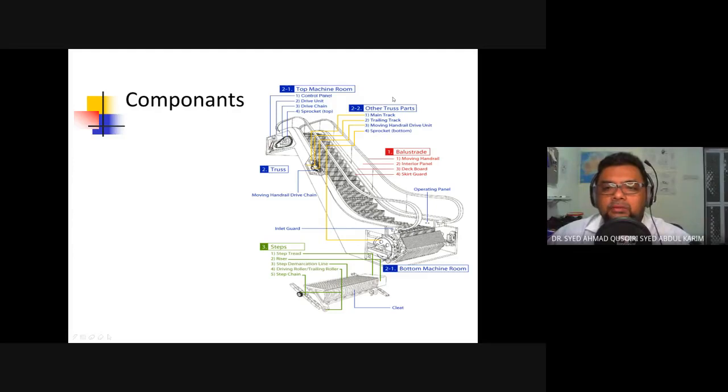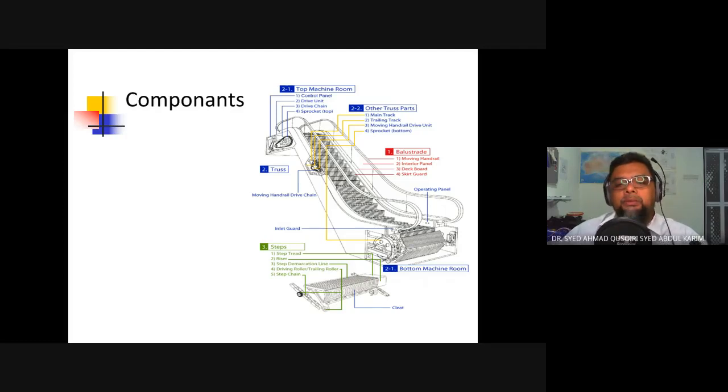And then next we have the truss. The truss is basically the backbone of the escalator. It can be a set of I-beams, usually from steel, because steel is a strong material.